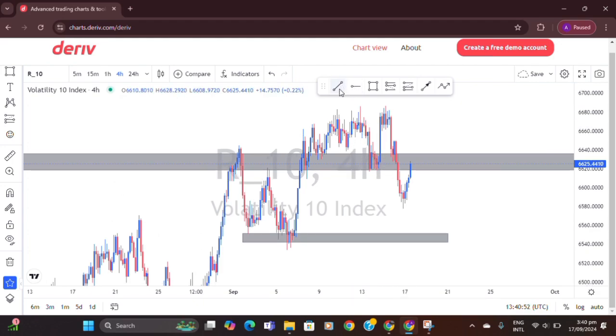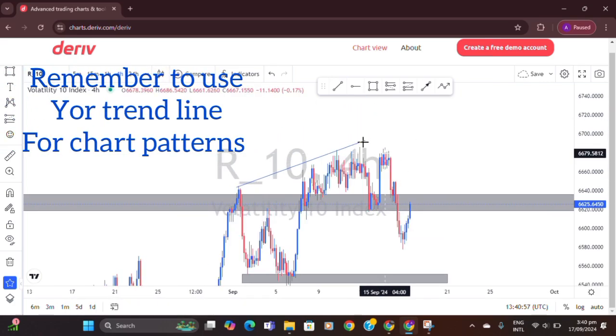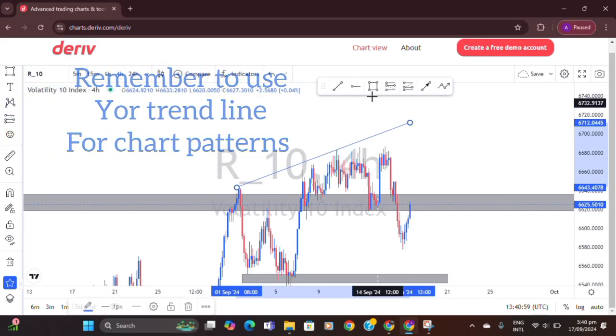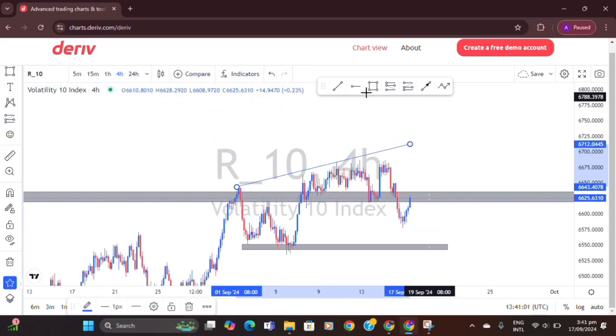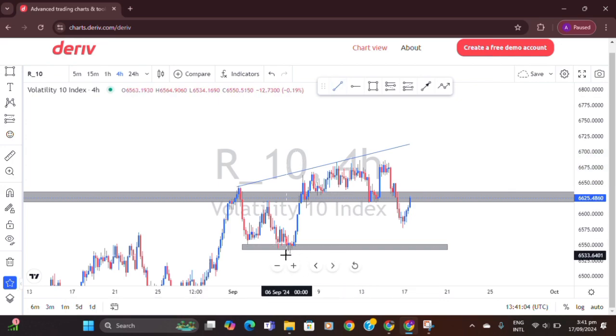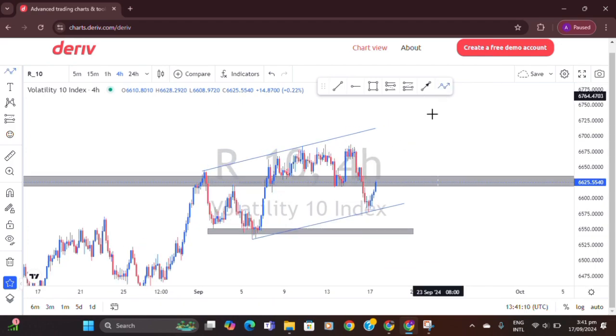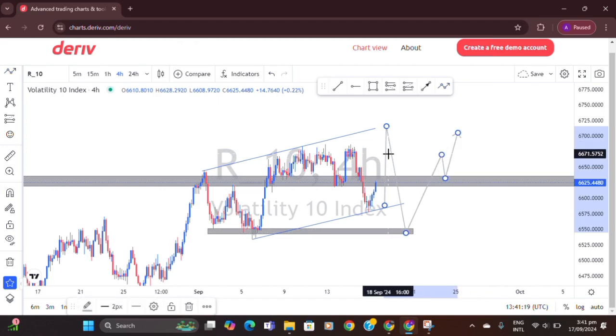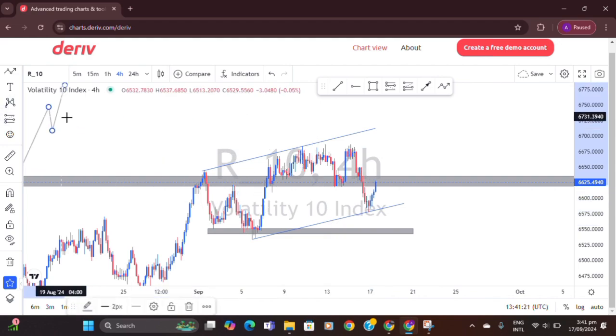So what I'm looking for is, let's say this is a bullish run to the upside, and then the market rejected from here. So there are possibilities the market can go here and then drop to this level and then continue to the upside, or the market can do this.